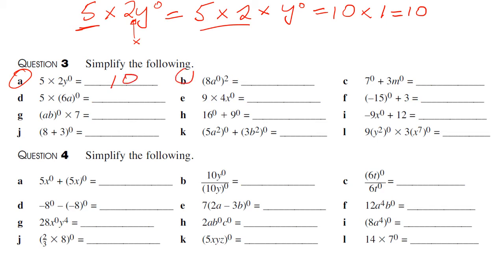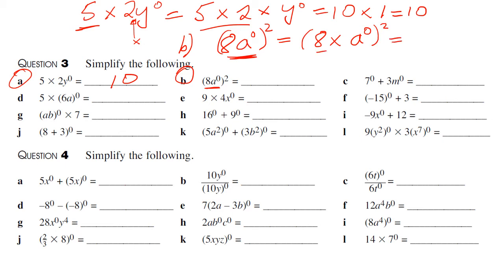Let's try B. (8a to the power of 0) squared. So what does that mean? That means 8 times a to the power of 0, all squared, right?